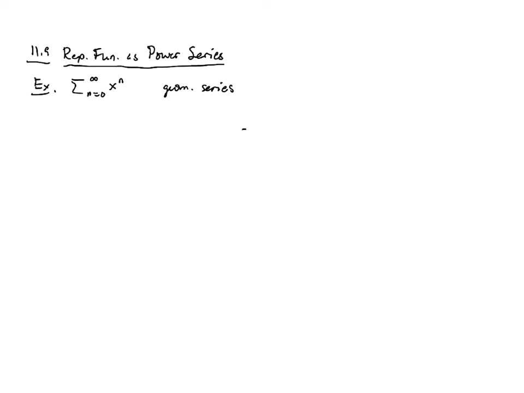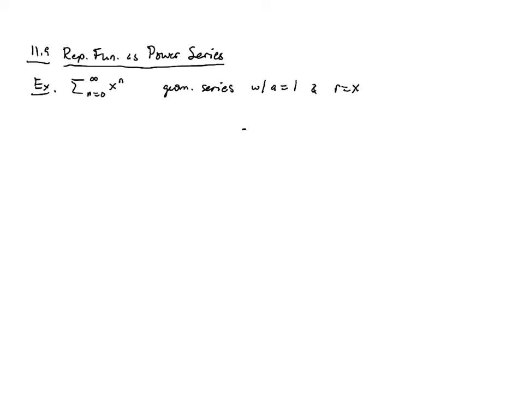And if you remember the notation from geometric series, the initial term a is going to be 1 in this case. That's when n equals 0, so we have x to the 0. And the common ratio of the terms in the series is r equals x, the variable that we're using here.